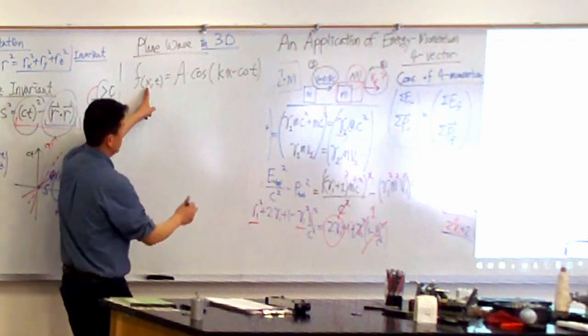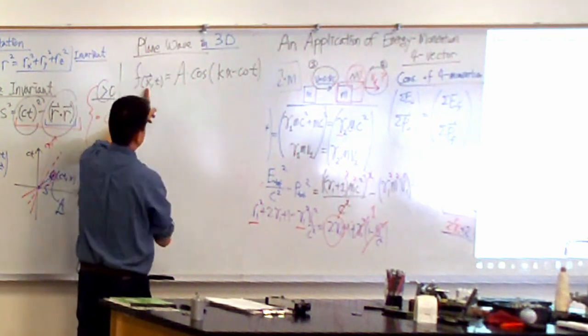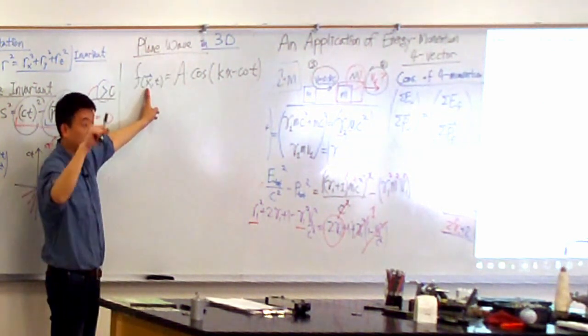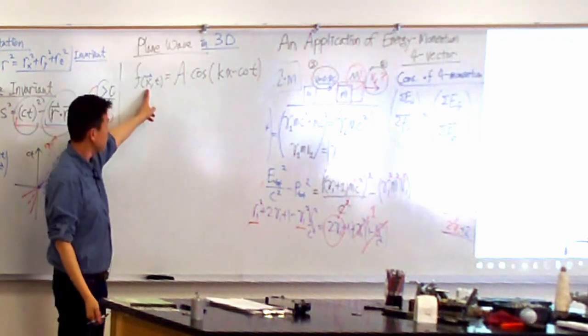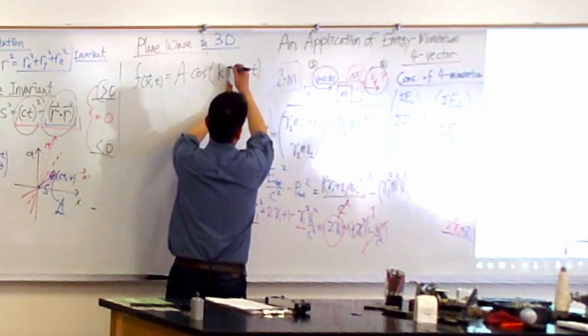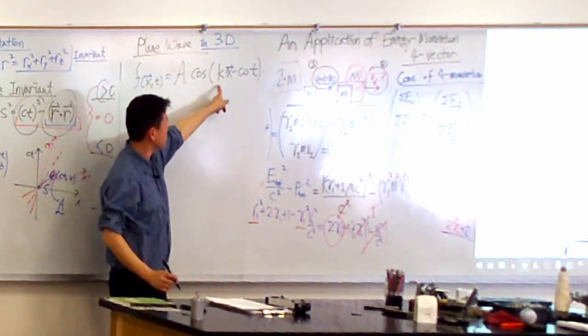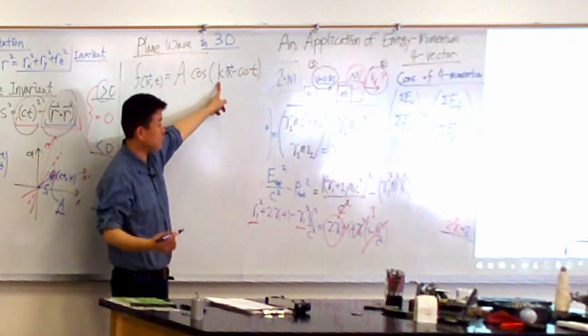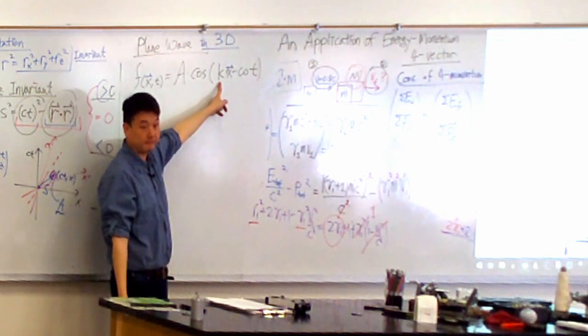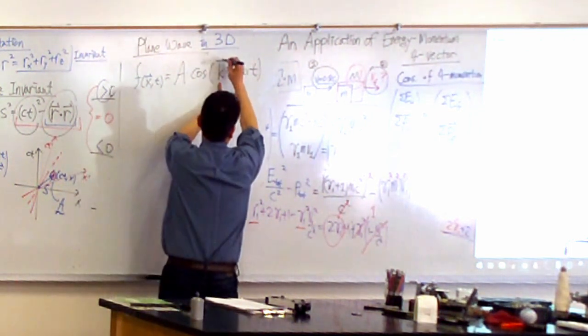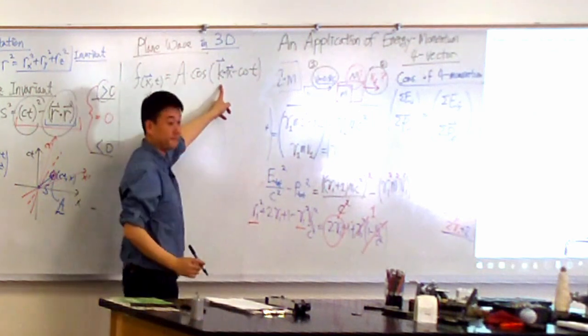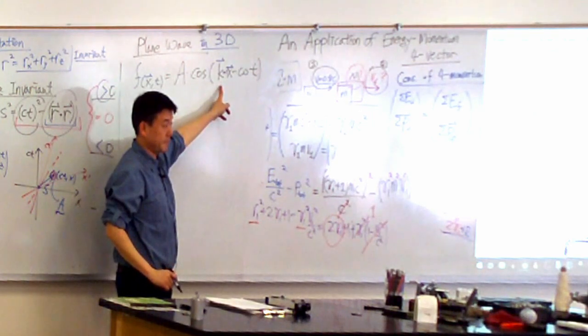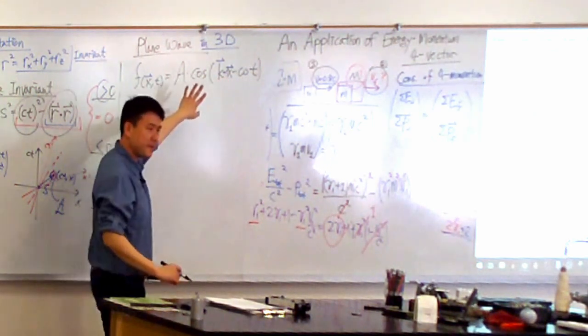This x needs to be a vector quantity so that it can be pointing in x, y, or z direction. So this x is vector. And what that means is this wave number here is actually a vector quantity. And this product is the dot product. Good?